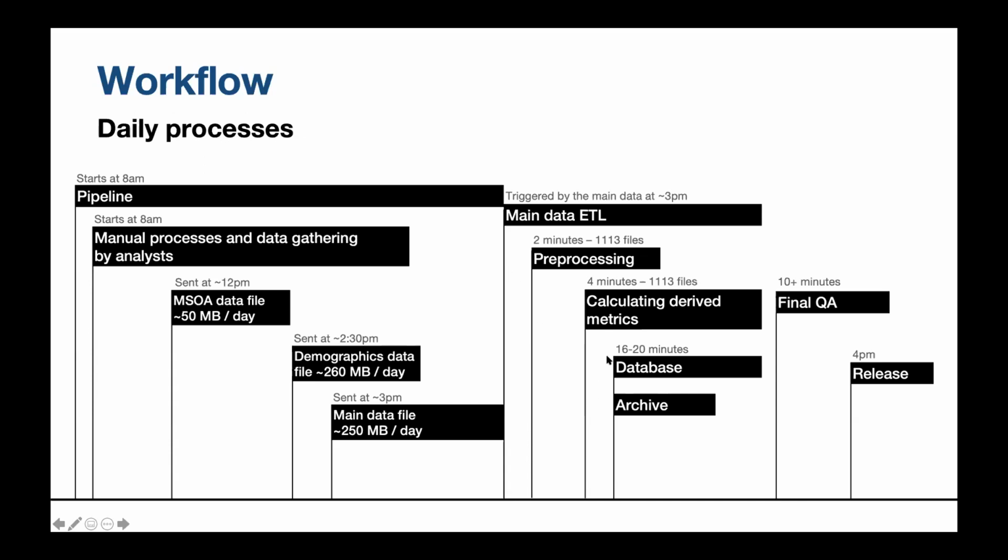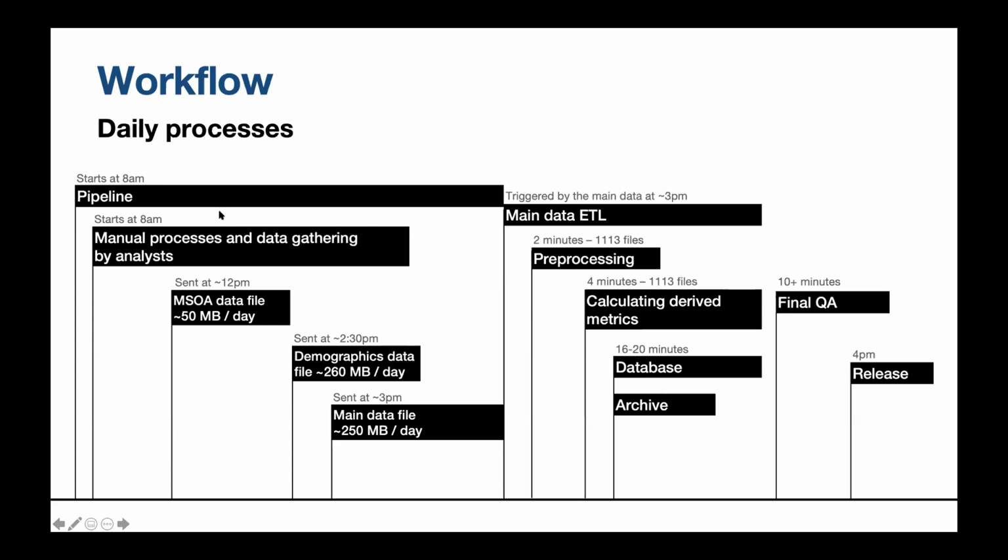Once that is done, they start getting loaded into the database, and one version of them will be stored as a file in our archives for audits and other purposes. On a very, very good day, this will happen at 3 p.m. When I say a very, very good day, that would be in about 10% of the cases, which means that on most days, we don't really have the data at 3 p.m.